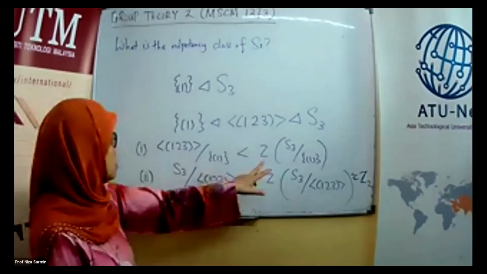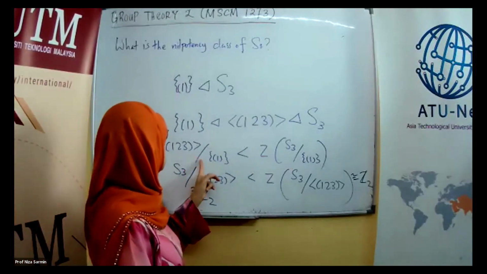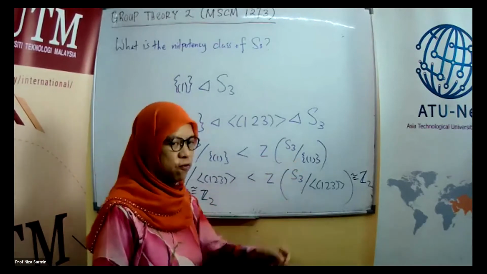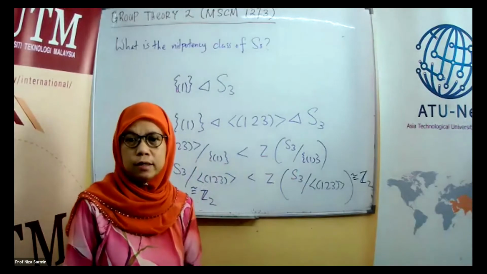The first one does not satisfy this condition. This one is okay. This one is not okay. Yes. Right? Because this one is 1, 2, 3, which is not a subgroup of the center, and the center of S3 is 1.